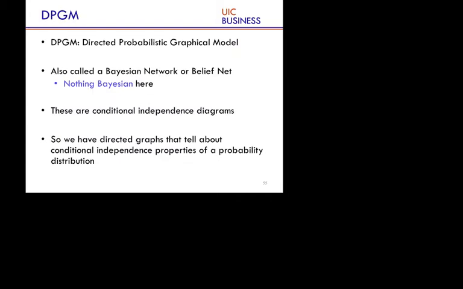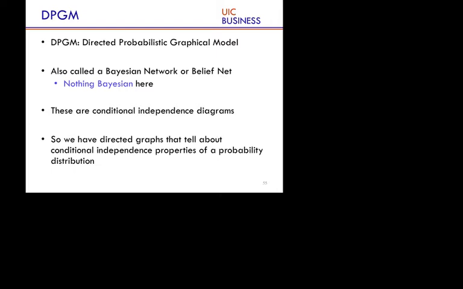I've just used the acronym DPGM for directed probabilistic graphical model. It's also popularly called a Bayesian network or a belief network. So if you have come across somebody who says, "Oh, I've used BayesNet for some project," all they're talking about is a directed probabilistic graphical model. Okay.